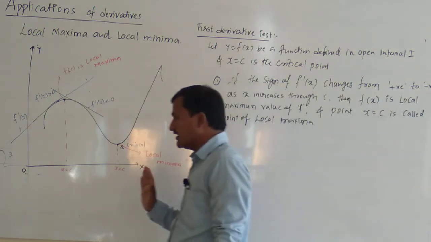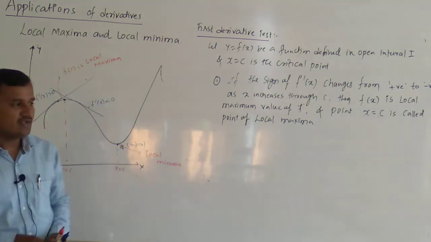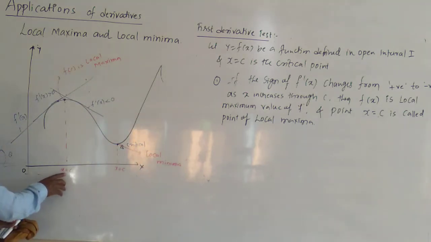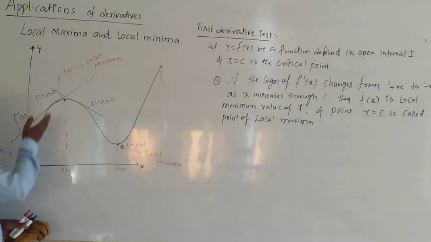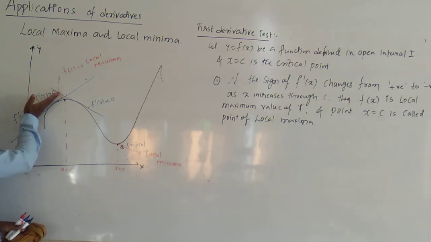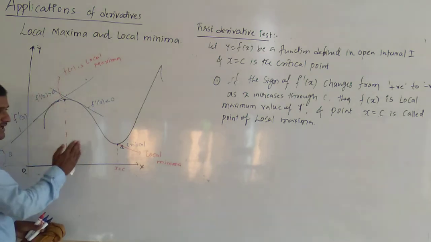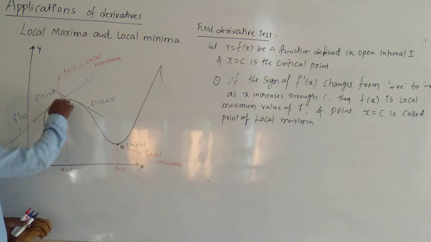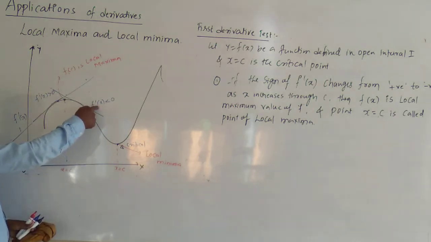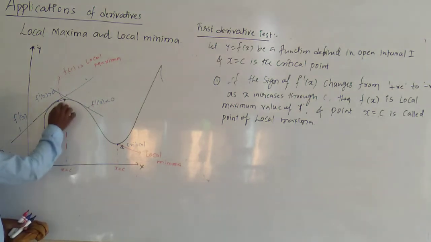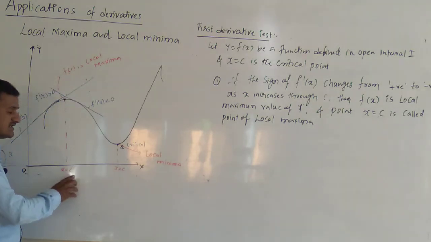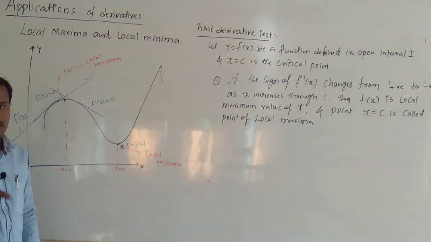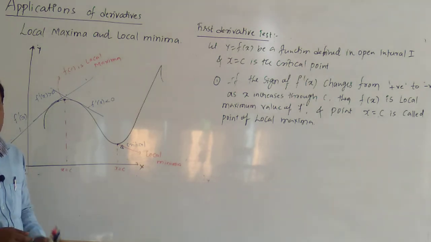So it means that if you take the tangent as x increases to C, the sign of f dash of x initially is positive, and again as x increases through C, the sign of f dash of x becomes negative. So in this case, f of C is called a local maxima, and x equal to C is called a point of local maxima.